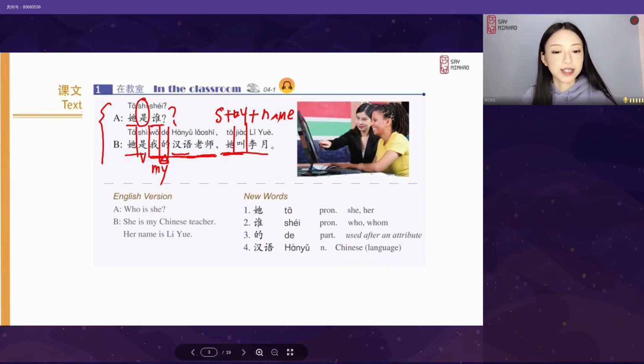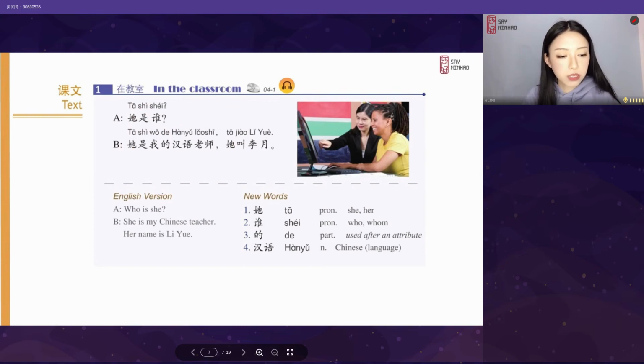Okay, from these two sentences, what can you see? The structures of these two sentences. We can see at the beginning, they all start with the subject 她, right? And then is the predicate. In the predicate, the verb is 是 in both, and the object is 谁 and 我的汉语老师. So we can see the word order of these two sentences is the same, although one is a question and one is an answer.